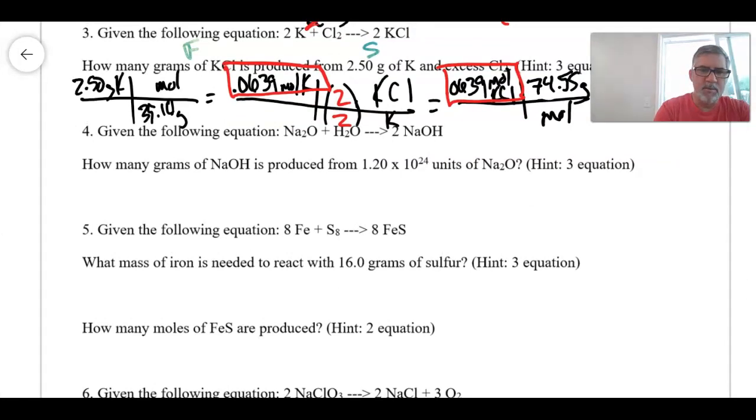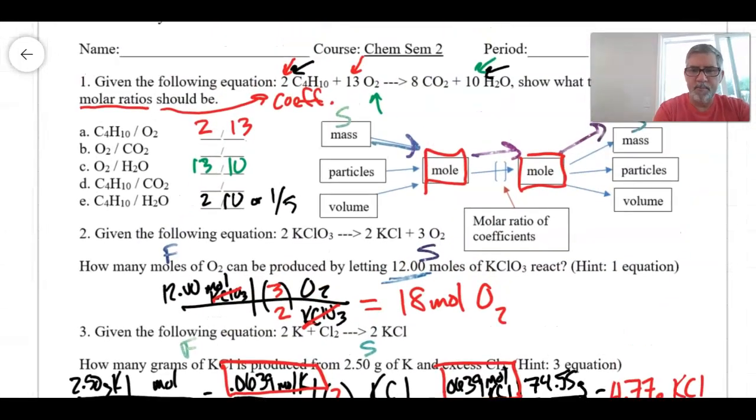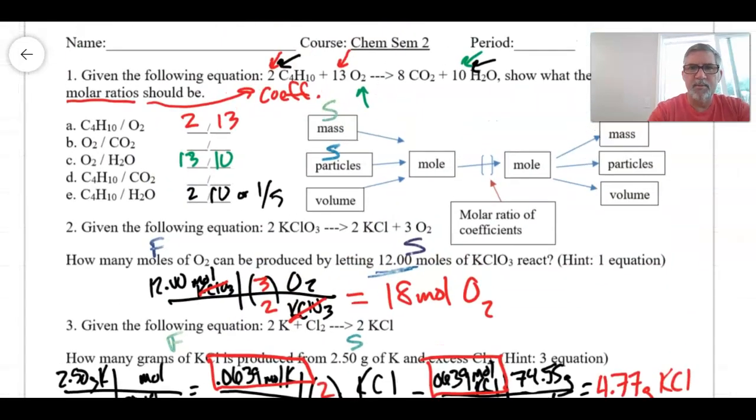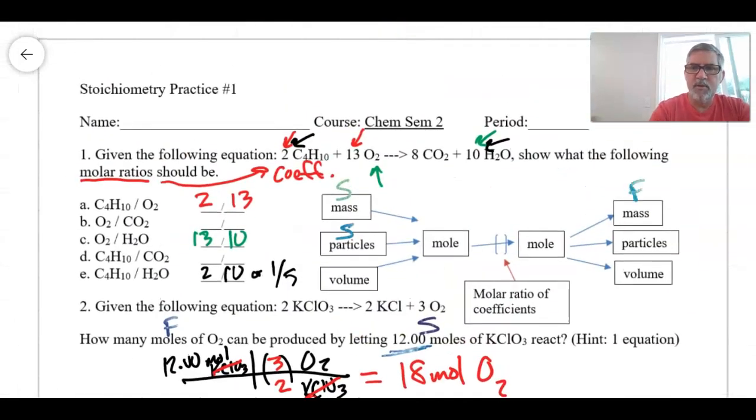If you look at this next one, how many grams of sodium hydroxide from units? This has a number, so this is going to be my start, and my finish is the question. If I come up to my roadmap here, my start is particles, and it's asking me for how many grams, so my finish is here.